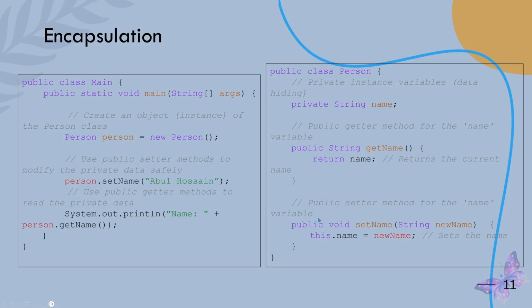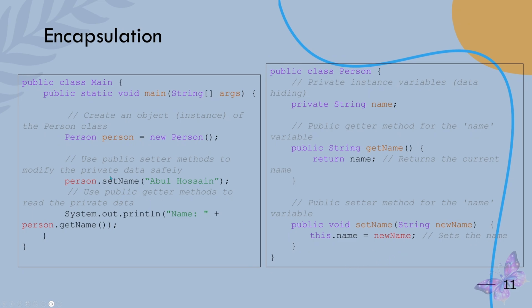Both are public, so you can access them, because the variable is private. In the setter method, there is a local variable of String type, newName, and it sets the name.